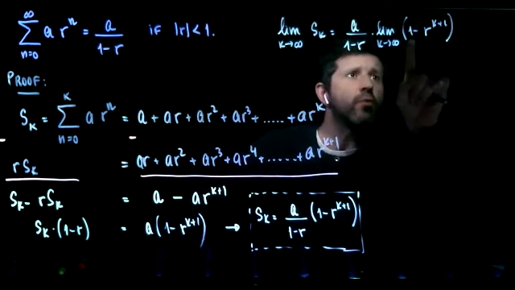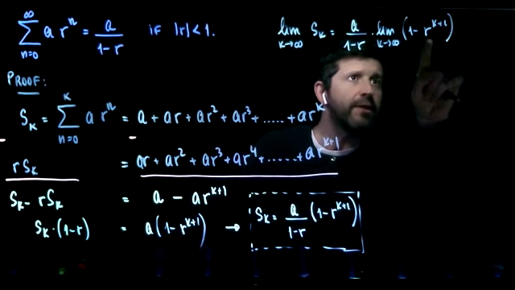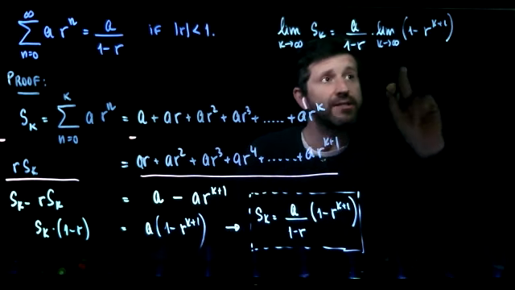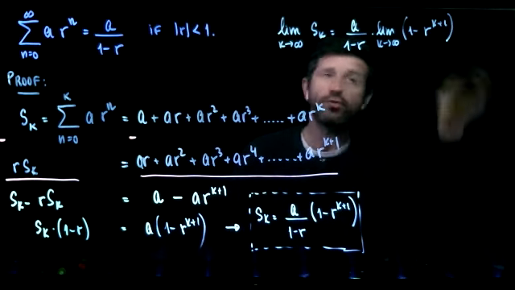Okay, this is 1, and now r to the power k plus 1. If the absolute value of r is less than 1, it goes to 0. If r is more than 1, it goes to infinity.